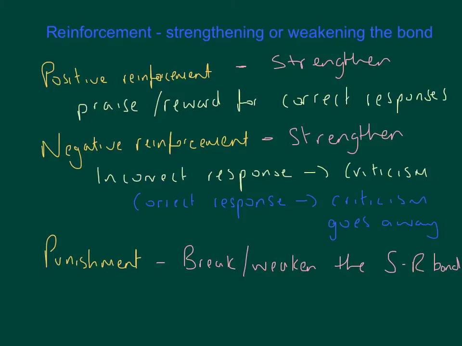Okay, and this isn't a particularly good way of learning, but an example might be that for producing the incorrect response, we have to run a lap, or you get a detention, or you may perform some sort of physical punishment. Okay, and that would weaken that SR bond, so we wouldn't want to perform that or produce that response again.